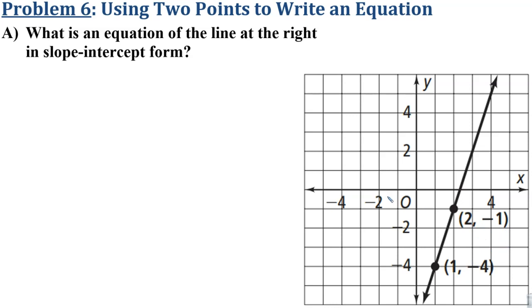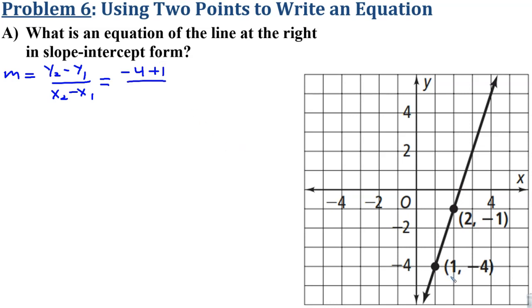Now anytime you're writing the equation for a line, start with the slope. Again, my slope is m equals y2 minus y1 over x2 minus x1. So y minus y, I can say -4 plus 1.